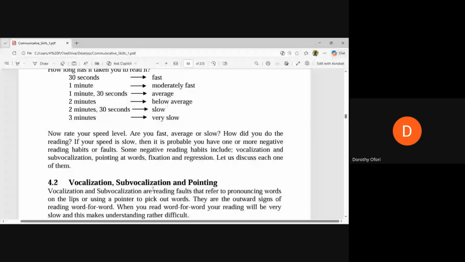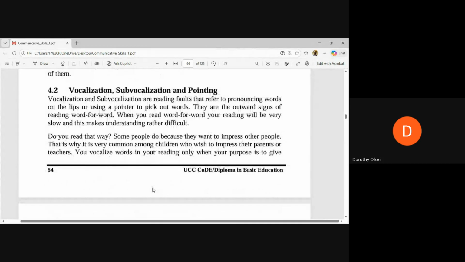Now let's go to some negative reading habits. The first one is what we call vocalization. So we have vocalization, sub-vocalization, and then pointing.